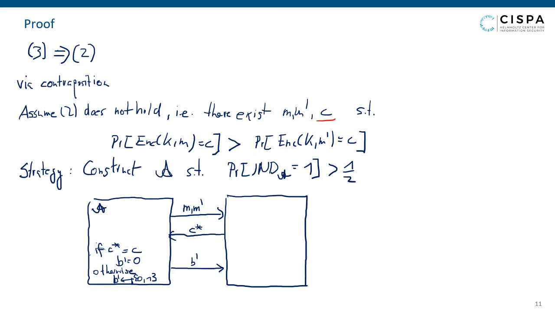Okay, now we have our adversary and challenger. What's left to do for us is to compute the success probability of this adversary and show that it's greater than 1/2.